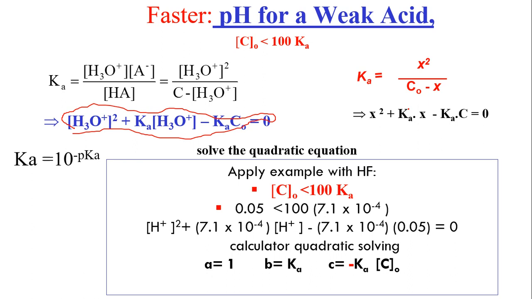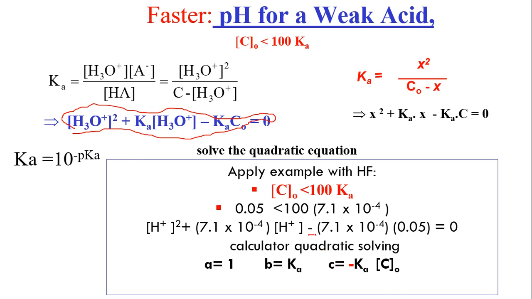Okay, so this is an example of my HF using this equation immediately. If C0 is less than 100 Ka, in this example 0.05 is less than 0.07, then I simply use this equation: H plus squared plus the Ka value times the H plus minus the Ka value again times the initial concentration.